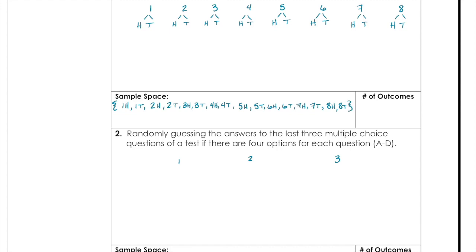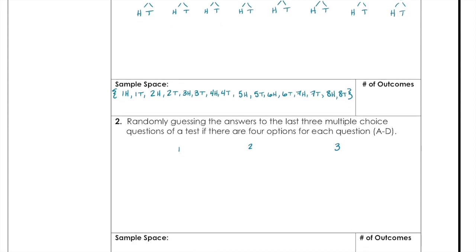Those are all of the possible outcomes, and if we were to count them up, we would know our total outcome. So if we count 1 heads, 1 tails, 2 heads, 2 tails, etc., we would get 16 possible outcomes from this experiment.